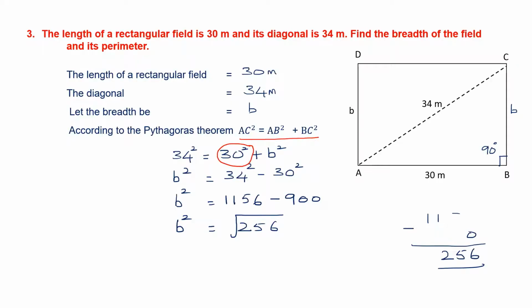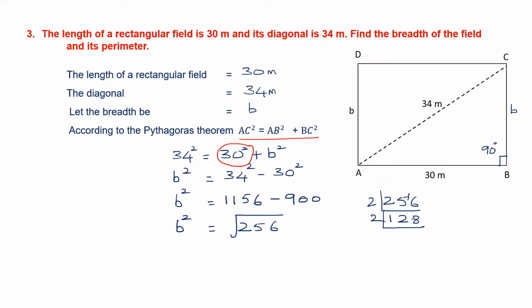Now we need to find the square root of 256. There are different ways to find it. Let's use one simple method. Let's do the prime factorization of 256. Let's divide it by 2. 2 ones are 2, then we have 5. 2 twos are 4, so what is left is 1. Now 16, 2 eights are 16.